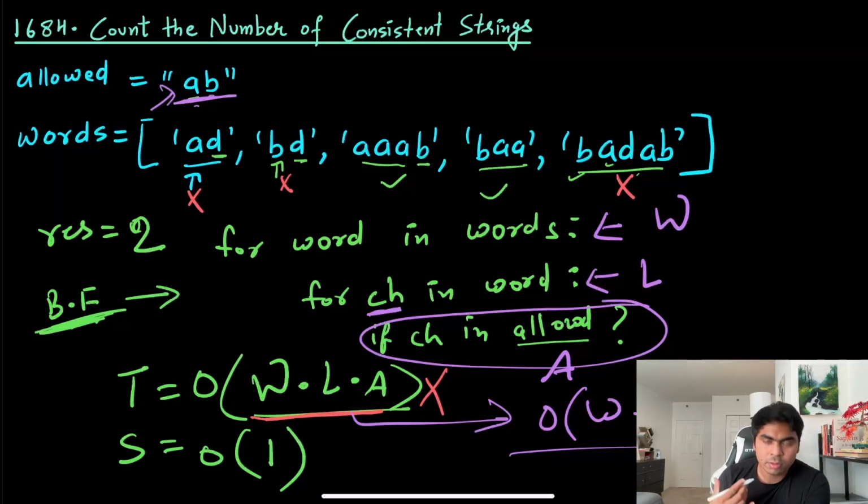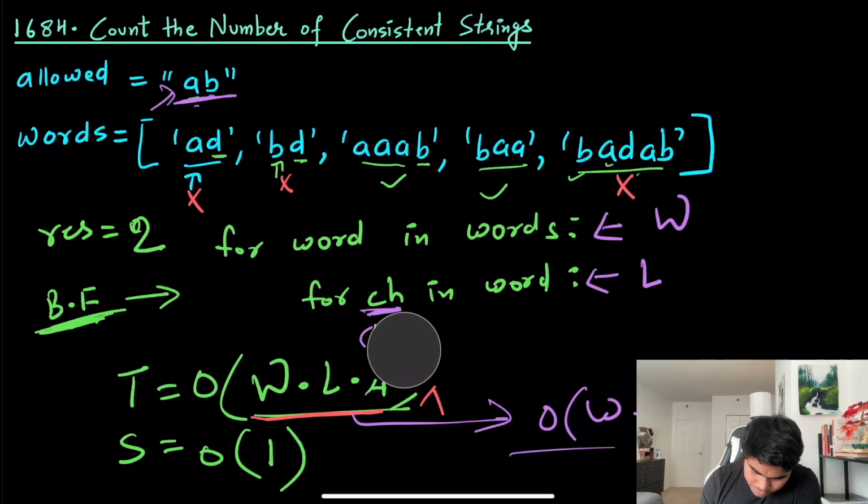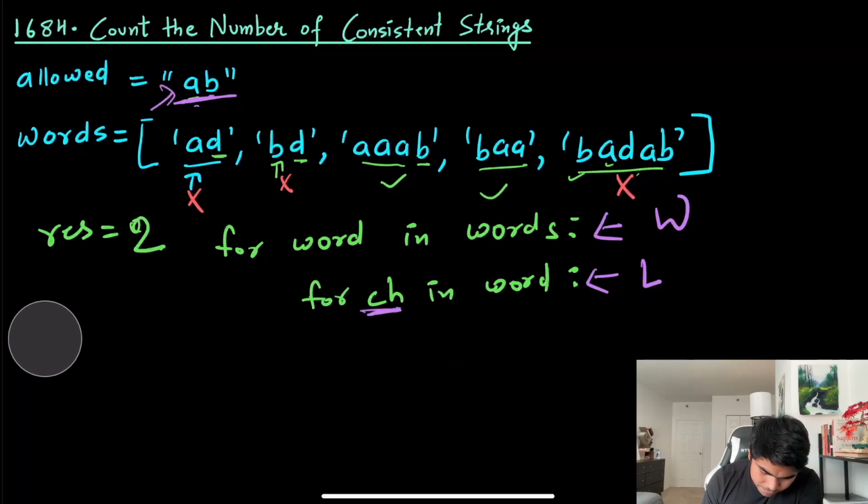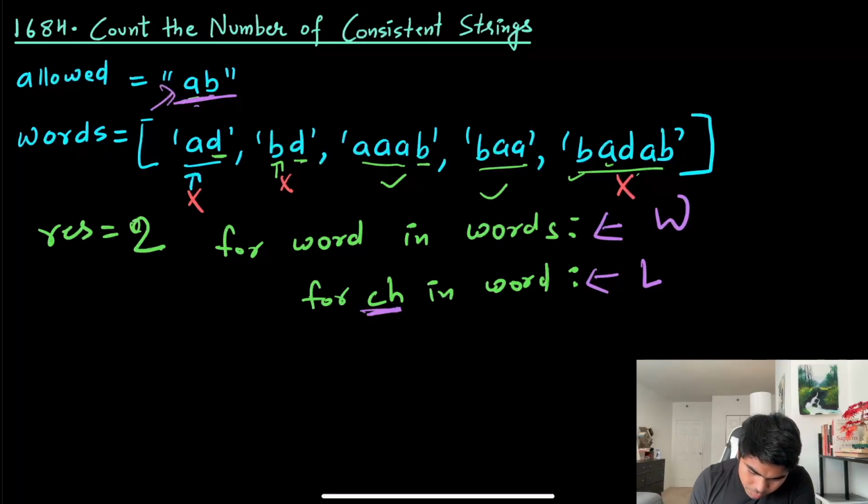That will give me constant time complexity to check if some character is present in that set. So instead of this right here, we can make our solution more optimal.